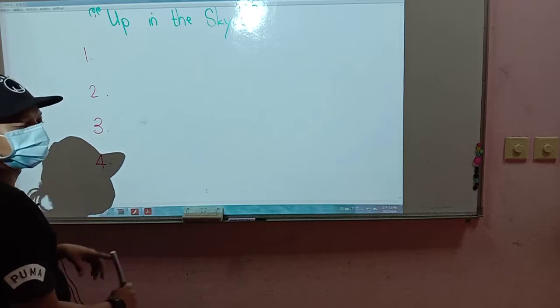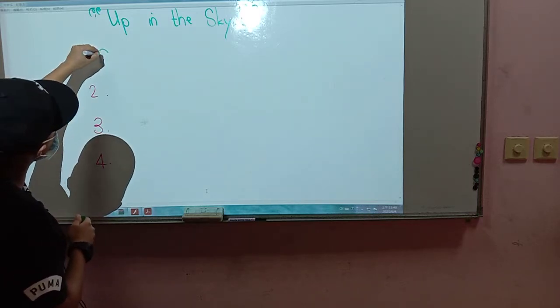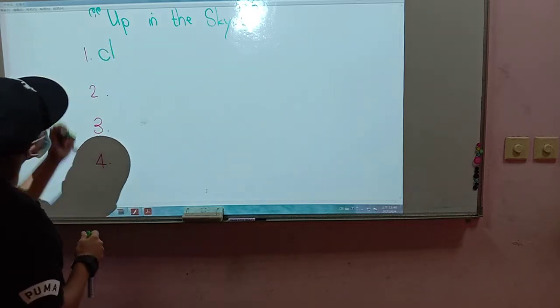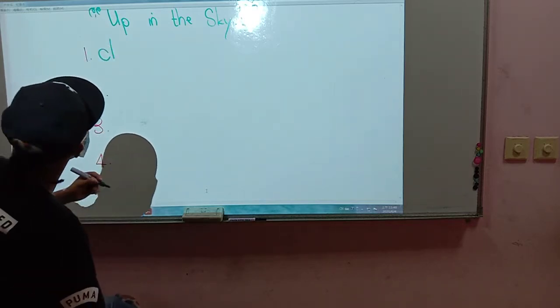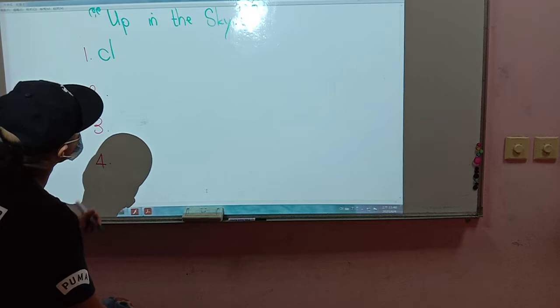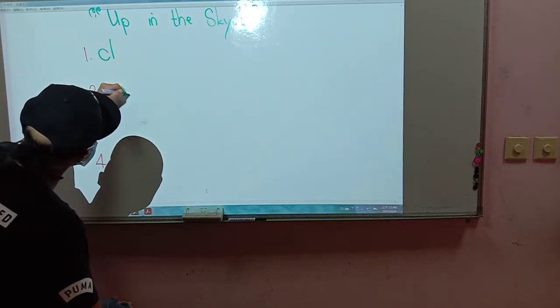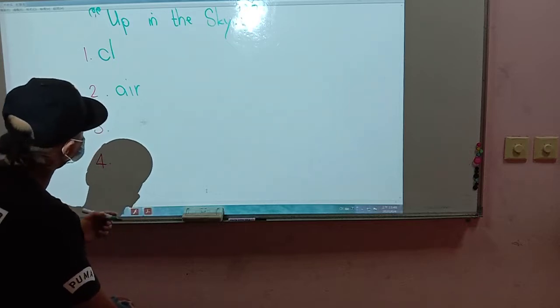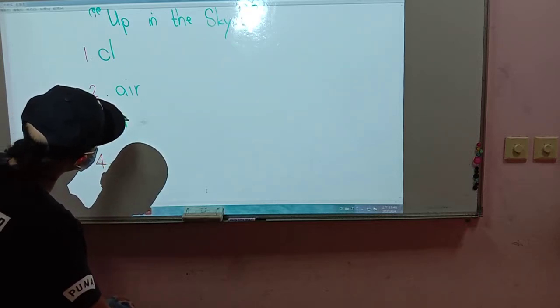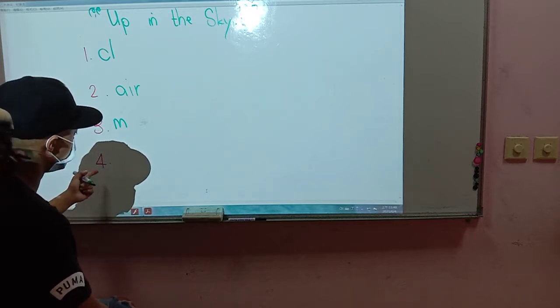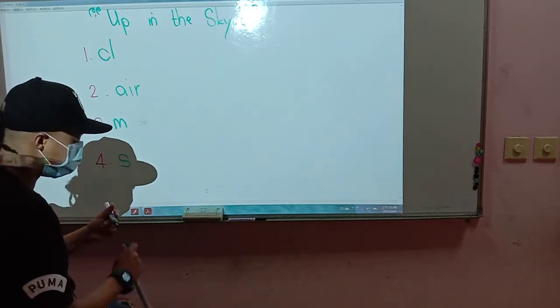Alright, the first one that I am thinking about starts with a C, okay, and an L, so cl. The next one is, let's do this one. A-I, air something, air, okay. Then we have m, something in the nighttime, it's a m, and something in the daytime with an s.